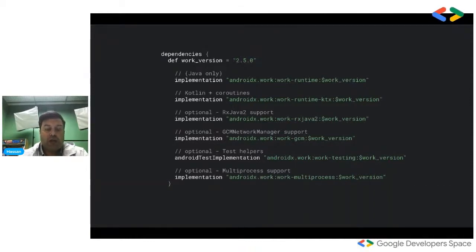You can also get the RX Java or coroutines version, which is very exciting for people who are using coroutines or RX Java. It works seamlessly with both, and it also has a testing library available.